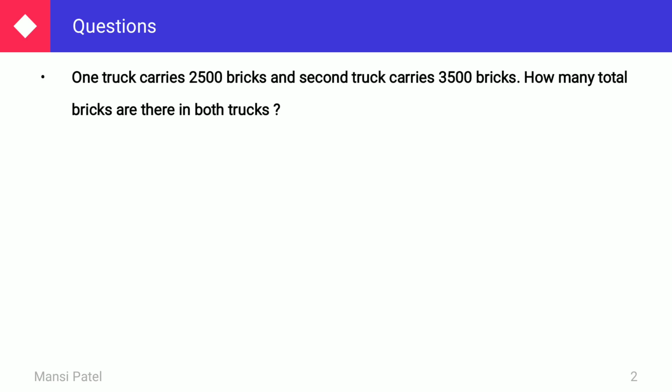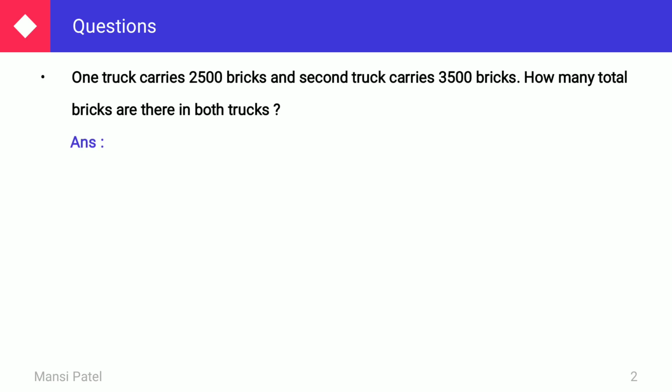Your first question is: one truck carries 2500 bricks and the second truck carries 3500 bricks. How many total bricks are there in both trucks?